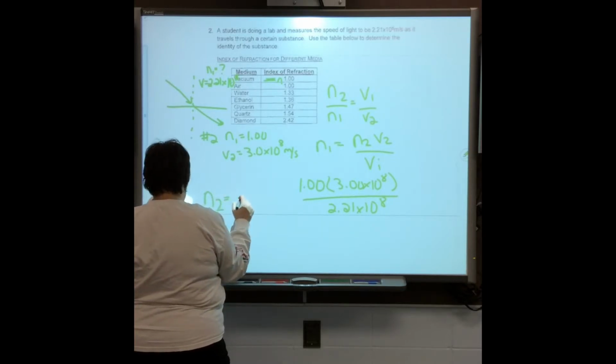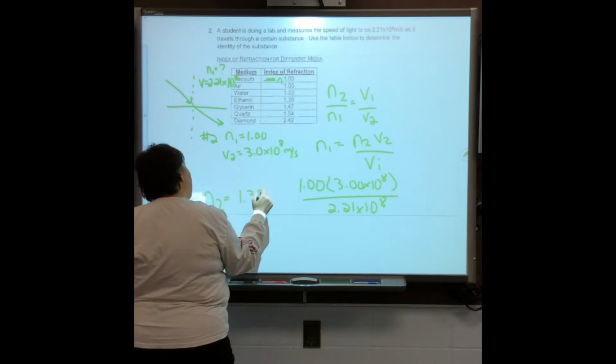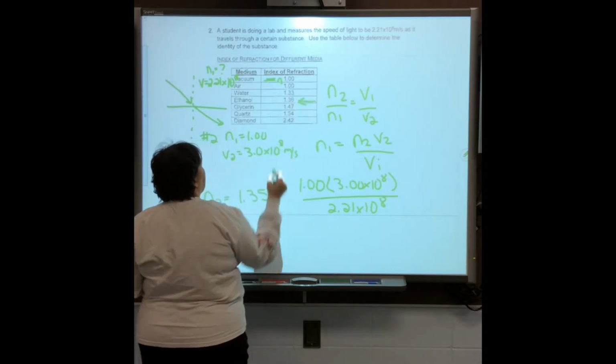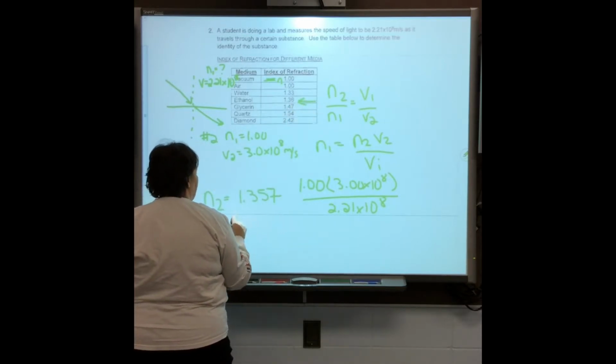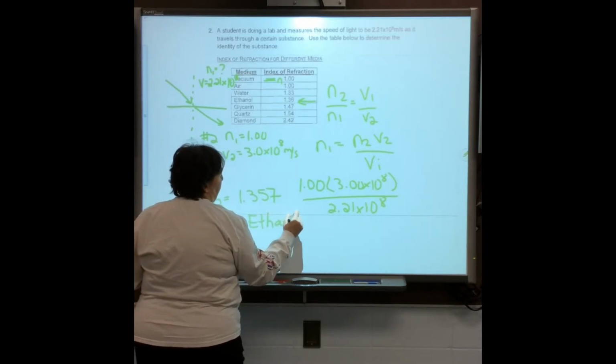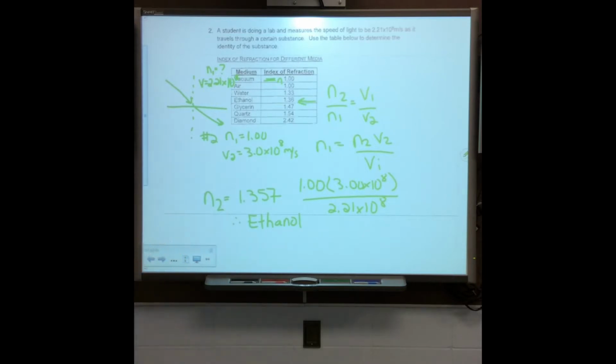N2 therefore is going to equal 1.357. When we look at the chart, we see that this is the closest to 1.357. Therefore, the medium is ethanol.